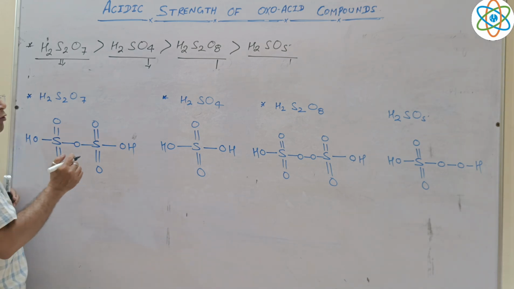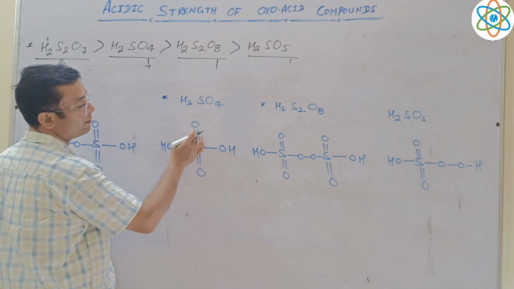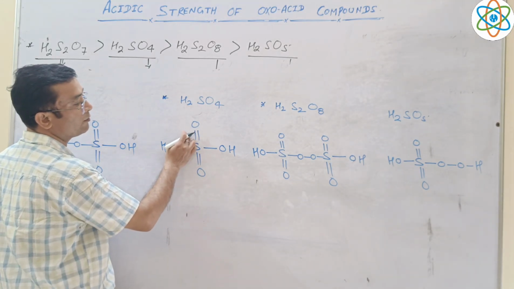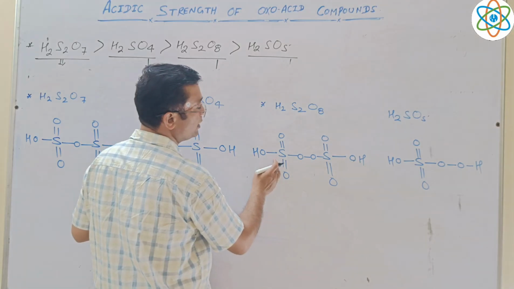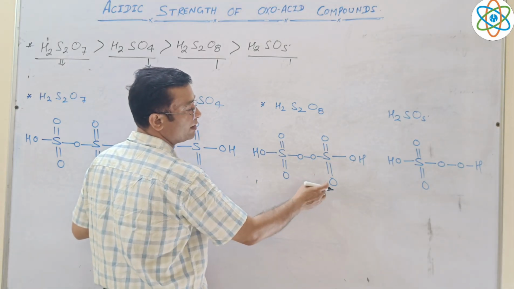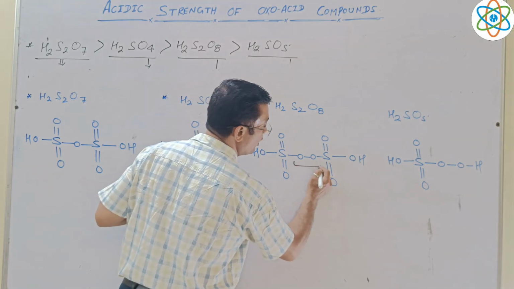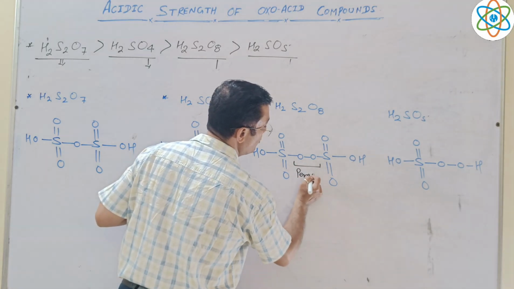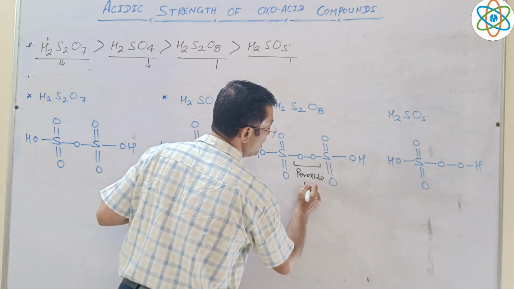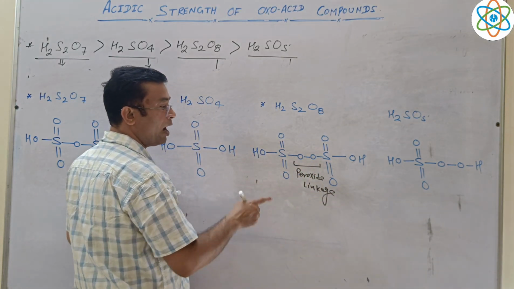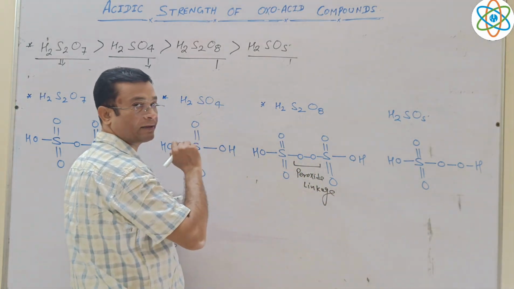Now here, this is the sulfur. There are 2 oxygen atoms bonded with a double bond. And in this molecule, there are 2 sulfur atoms bonded with 2 oxygen atoms. But here is the peroxide bond. This is called the peroxide linkage, which is oxidizing in nature, and it decreases the acidic strength.